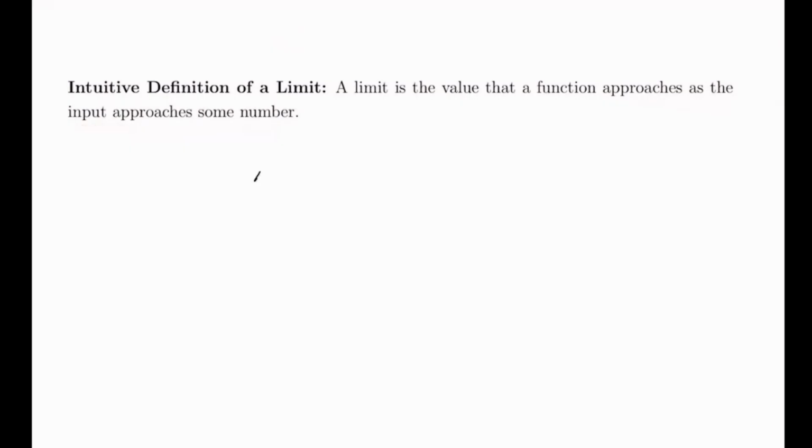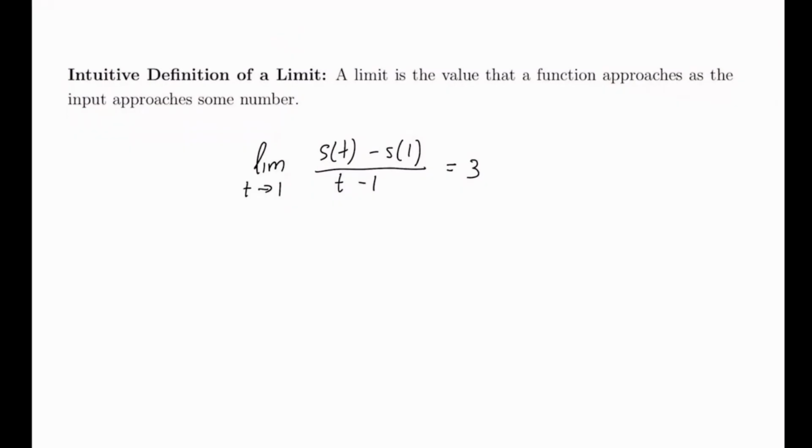And in our case, it was the limit as t approaches 1 of s of t minus s of 1 over t minus 1, and it was equal to 3. So that's the power of limits. Next, we will formalize what the limit really means and learn rules for computing them.